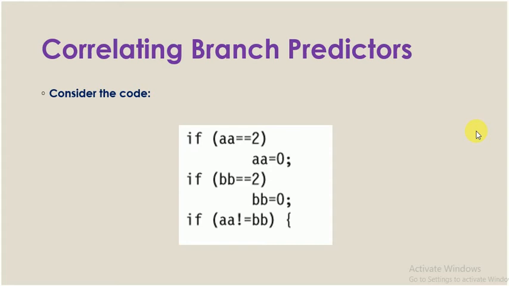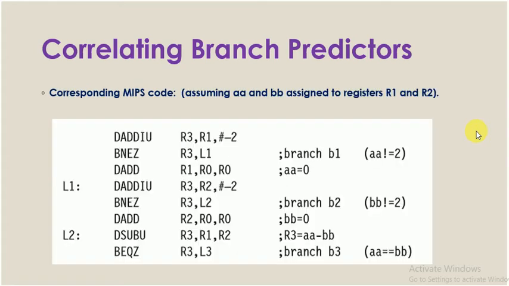So for checking whether A is 2, we need to find A minus 2. That means 2 minus 2 is equal to 0. That way we are doing the same operation. A minus 2, and the result is stored in R3.